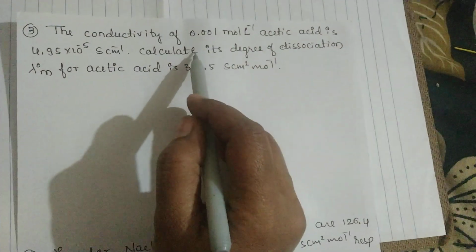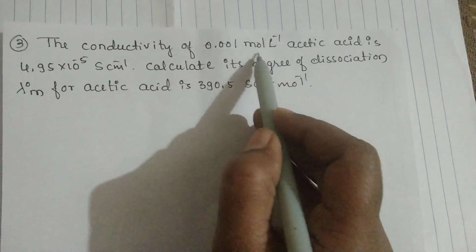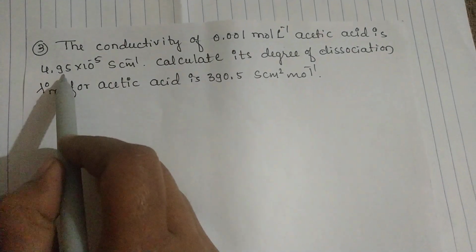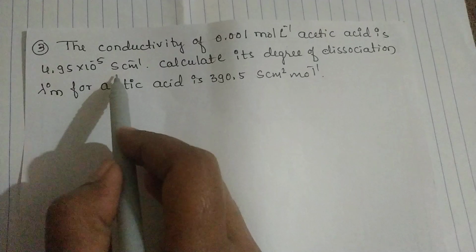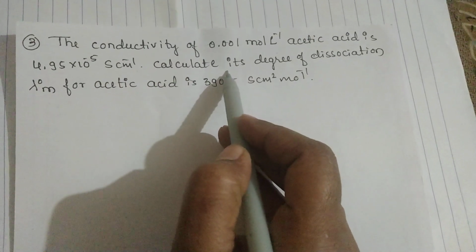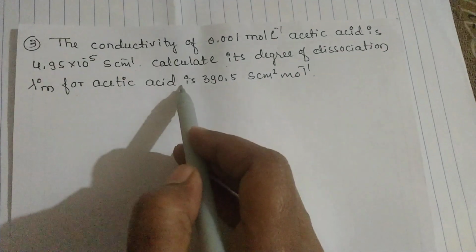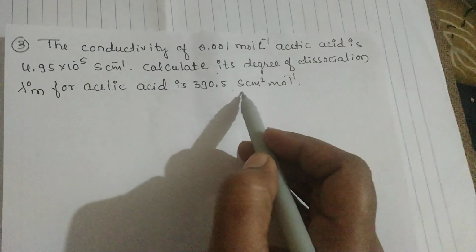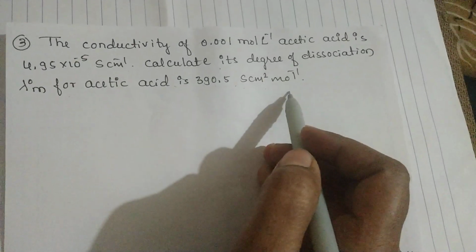The conductivity of 0.01 mole per liter acetic acid is 4.95 into 10 raised to minus 5 Siemens per centimeter. Calculate its degree of dissociation. Lambda naught m for acetic acid is 390.5 Siemens centimeter square per mole.